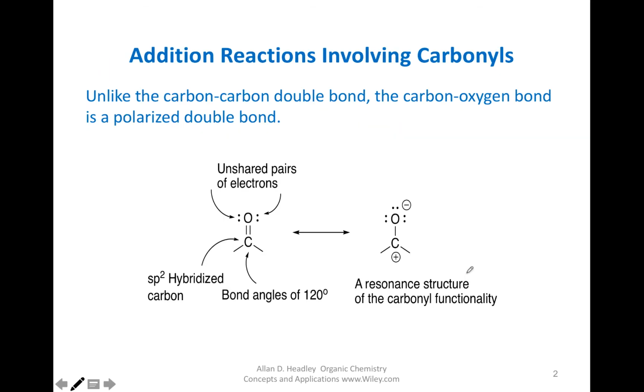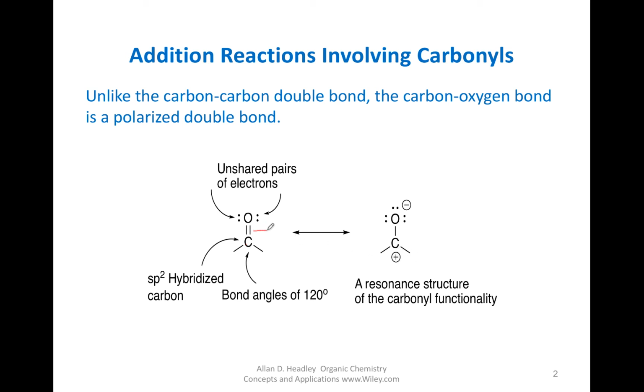First, let us look at the carbonyl compound, or the carbonyl functionality. Here it is. It's a carbon bonded to an oxygen with a double bond. As you know from the Lewis dot structure, there are two unshared pairs of electrons on the oxygen, and we can draw resonance structures to show that this carbon here is positive.